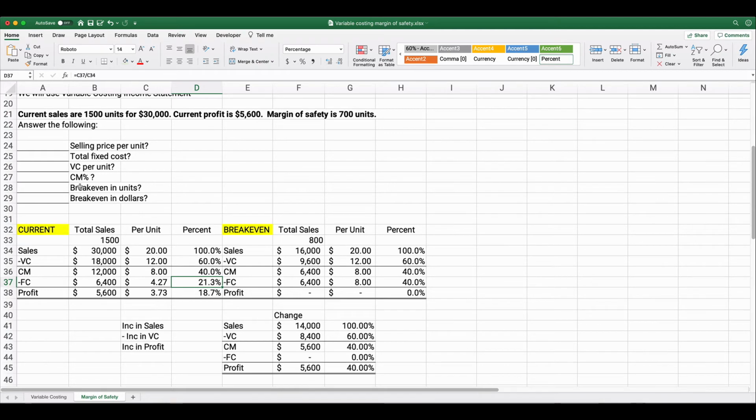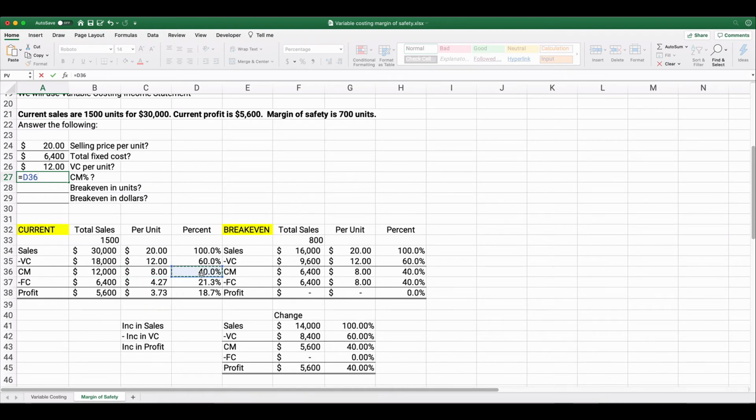So let's go back and figure out some of the fill-in-the-blank answers. What is our selling price per unit? Our selling price per unit is $20. What's our total fixed cost? Our total fixed cost is $6,400. What's our variable cost per unit? Well, it's $12. What's our contribution margin percentage?